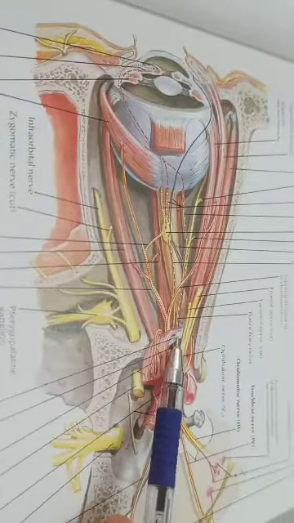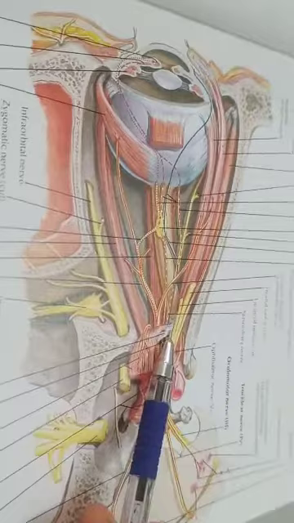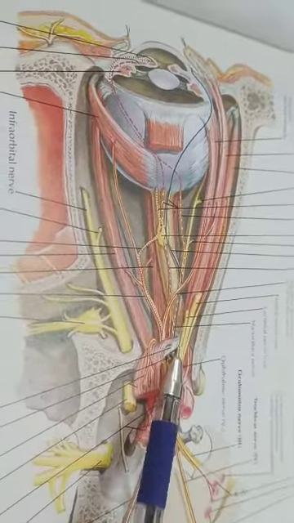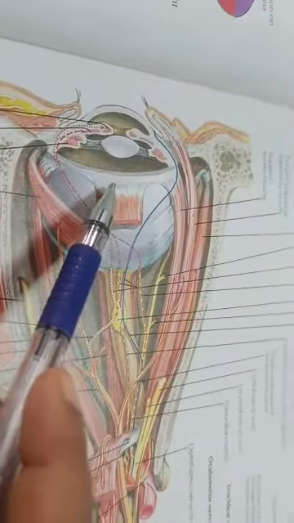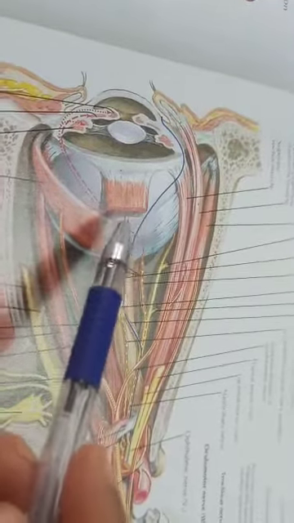They are inserted into the sclera, in front of the equator.